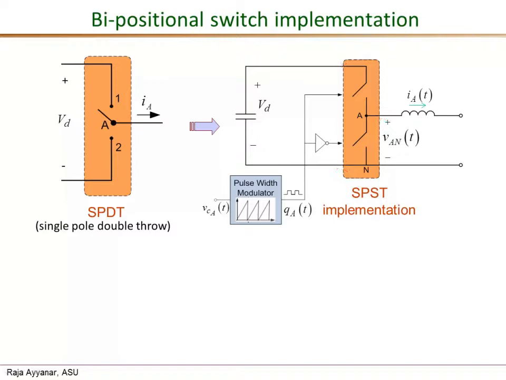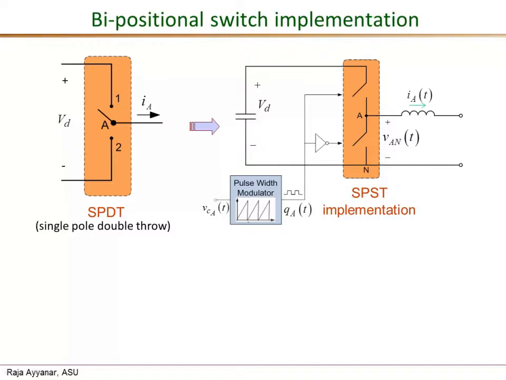Now we know that these two switches are switched at high frequencies, and they are used to control mainly the average of the pole output voltage. So we need a switching signal for these two switches. That is derived from a control voltage which comes from the output of some closed loop controller, and a pulse width modulator which converts this control voltage to appropriate switching pulses suitable for driving the two switches.